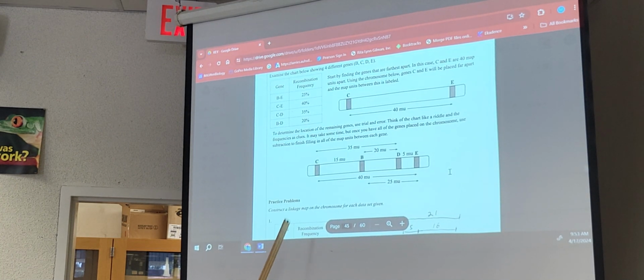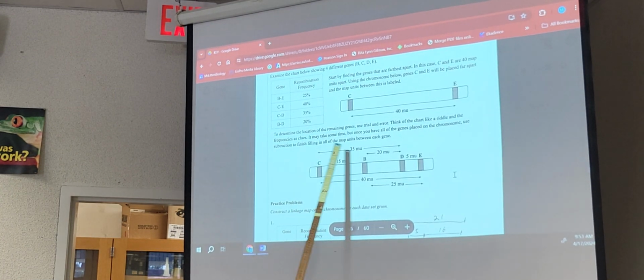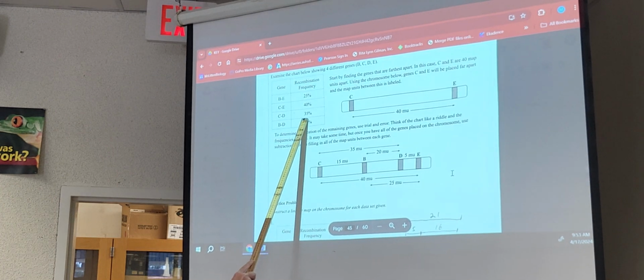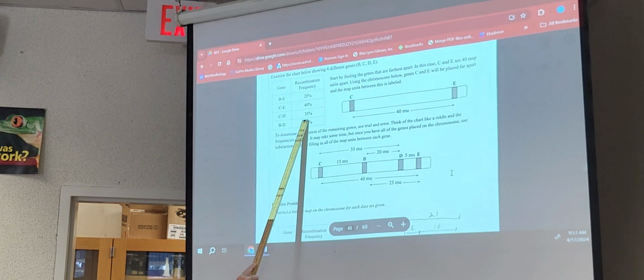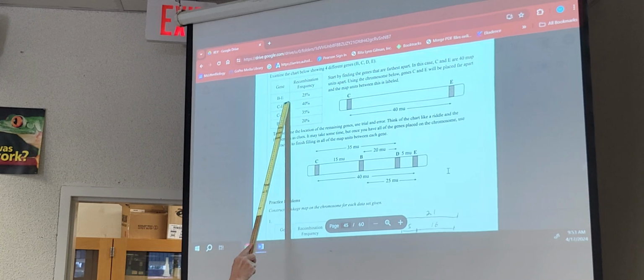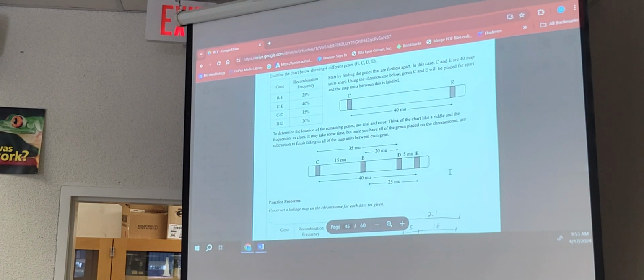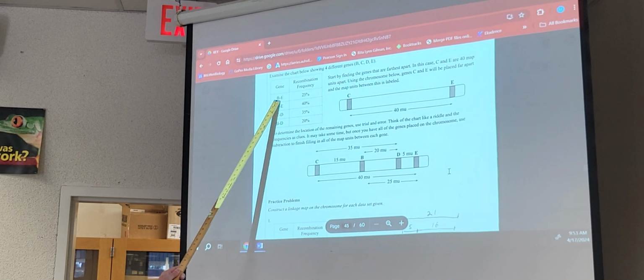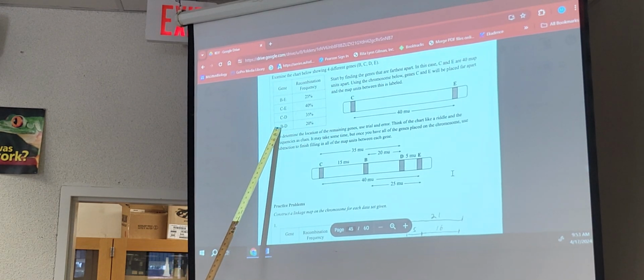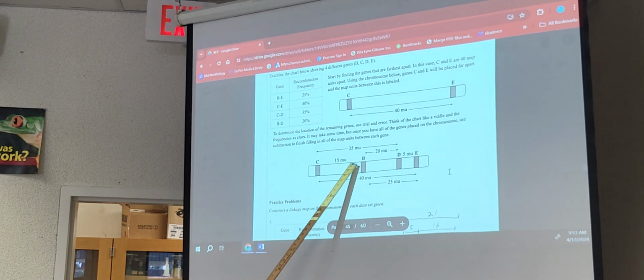Right? So if you look and you're like, oh, C and D are 35 units, right? And B and D, we don't ever get B and C, do we? We're never given the information for B and C. But we can figure it out, right?